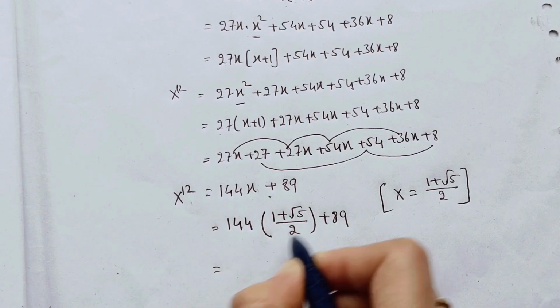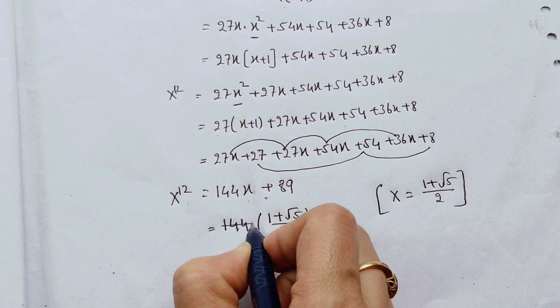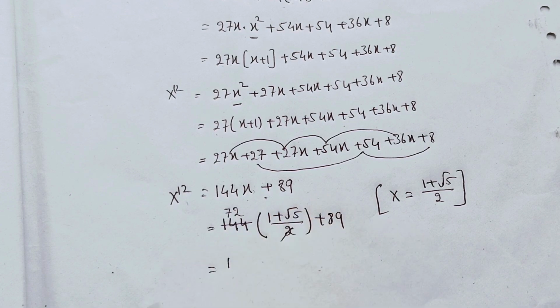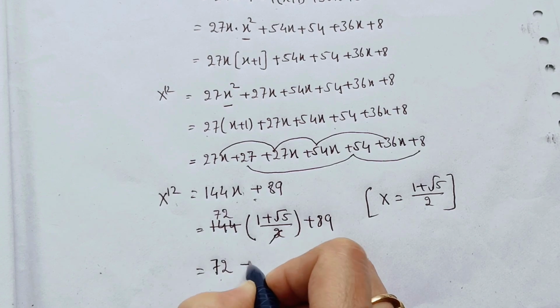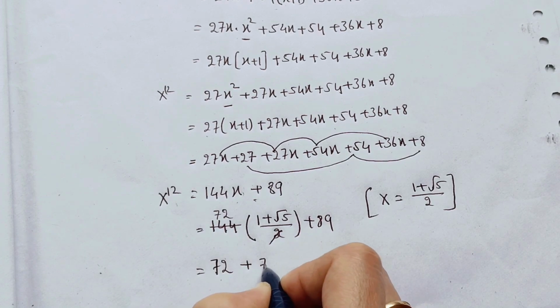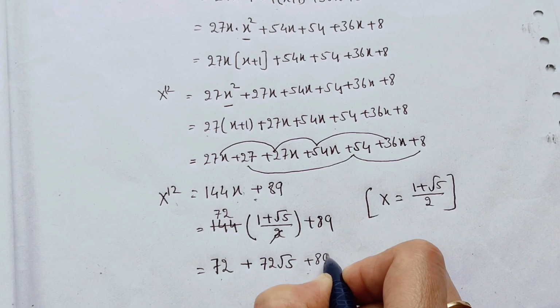Next, 2 ones, 2 sevens, 2 twos, so I get 72 plus 72 root 5, then plus 89.